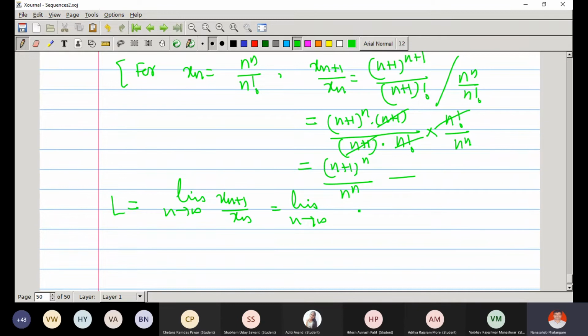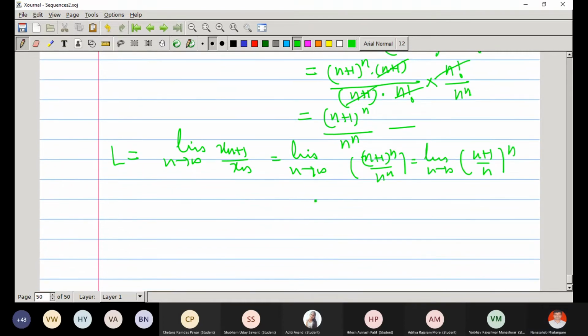You check the calculation whether I am making a mistake. What is it? n plus 1 raised to n upon n raised to n. Is it the same as n plus 1 upon n whole raised to n? Is it correct? Yes, sir.